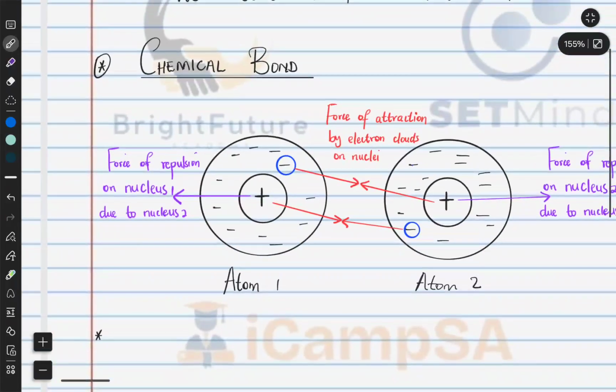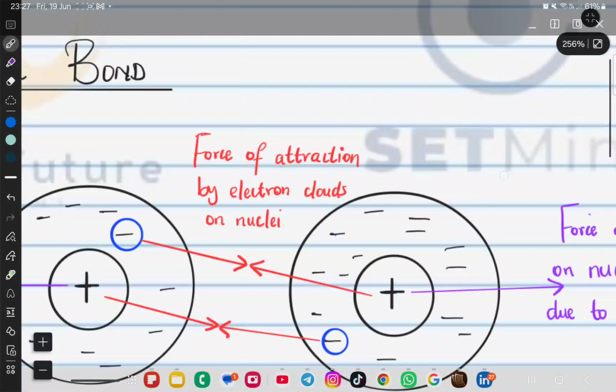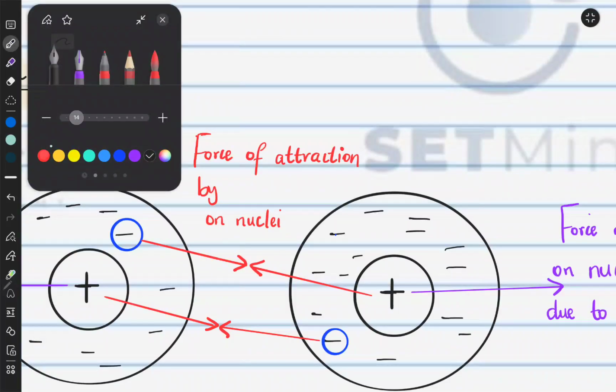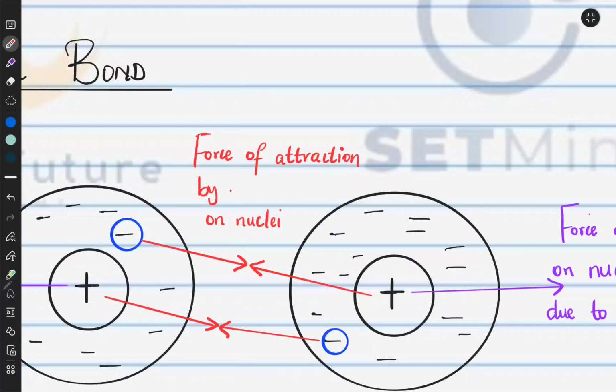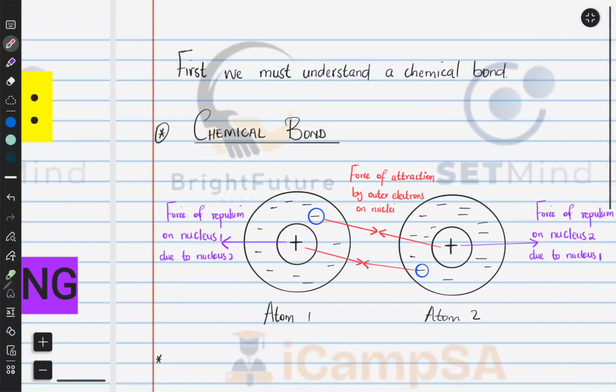It's just that mutual attraction between two atoms as a result of this simultaneous attraction between their nuclei and their outer electrons, or this electron cloud. Let's just call them outer electrons so that you guys get it. Right, because even if you check the diagram, you can see that they are outside the nucleus.